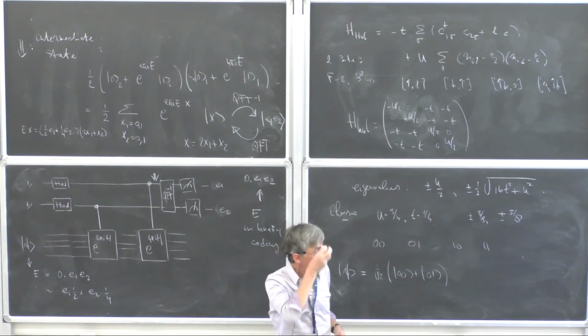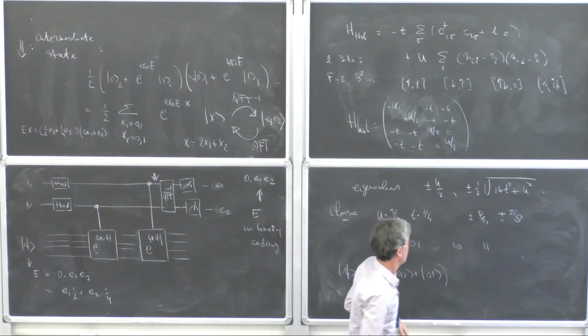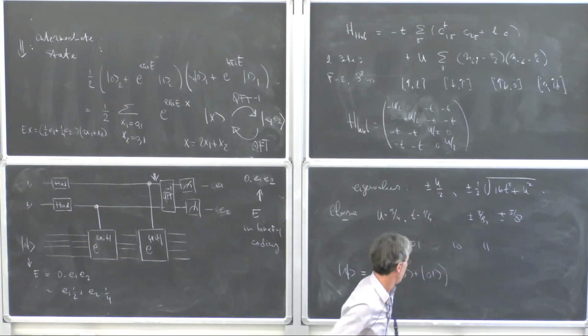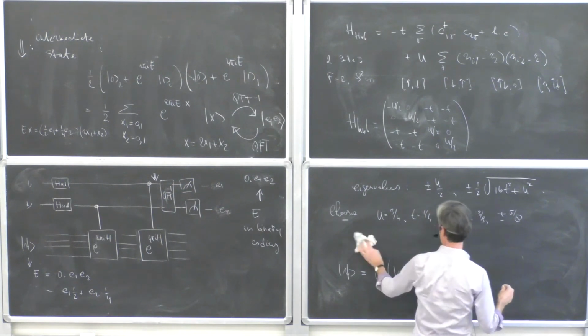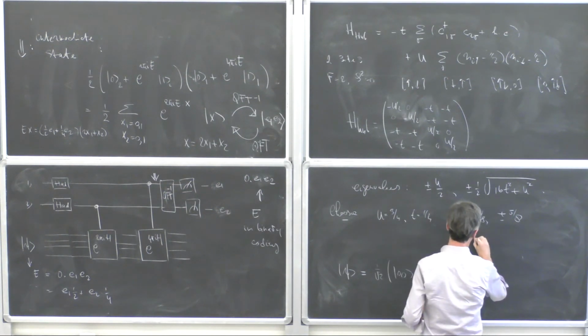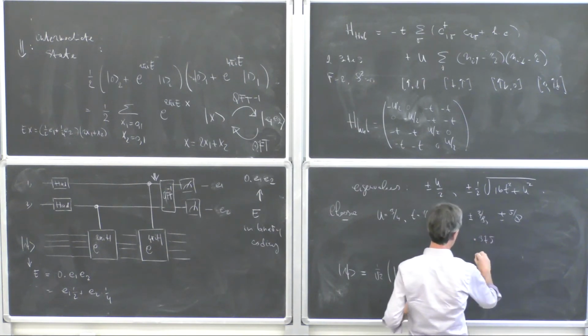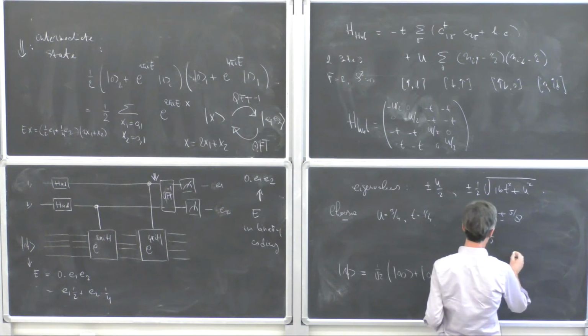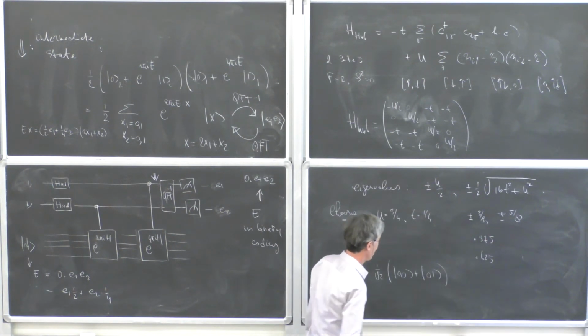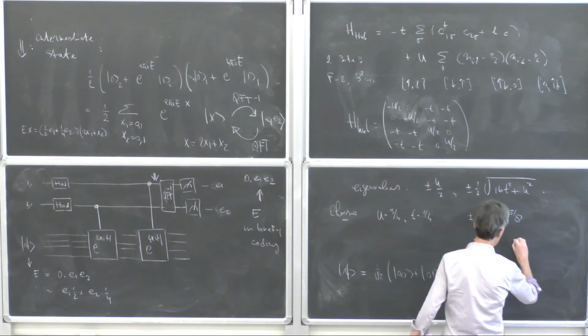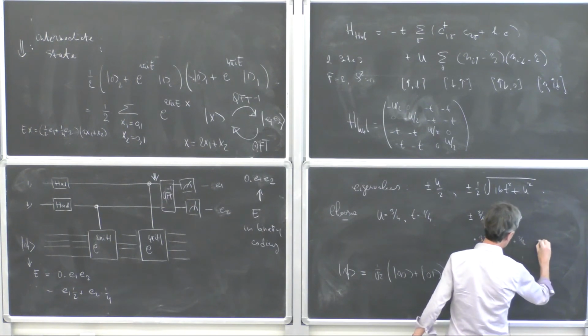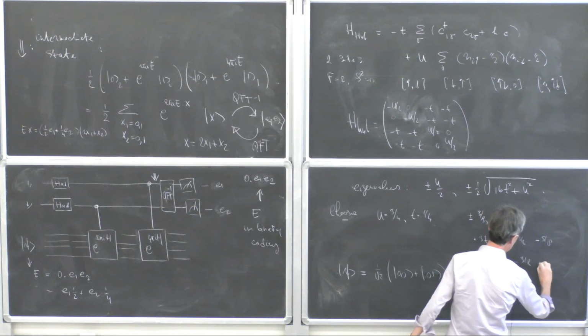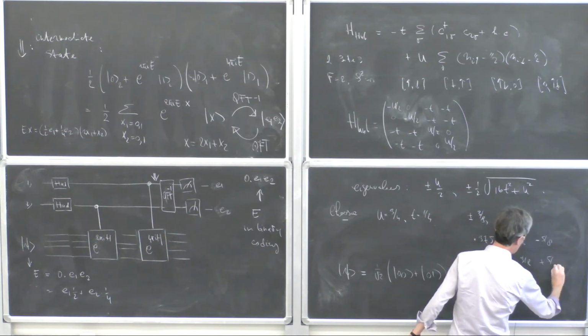So the 375, let me actually show how these numbers here are represented. This is 0.375 for the plus, and the minus would be the 0.625, and the same here. So this would represent plus 3/8 and minus 5/8, and this would represent minus 3/8 and plus 5/8.